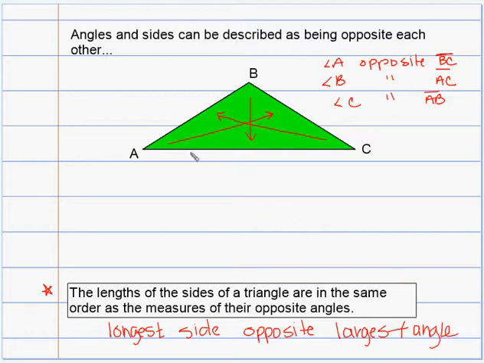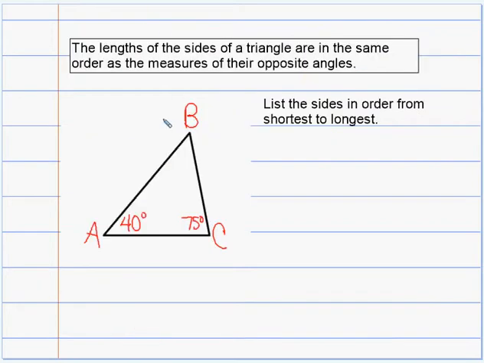Okay, so we don't ever want to just visually look at something without having angle measures, but this side AC looks to me like it might be the longest side, which then would mean that angle B is the largest angle. So let's use this fact to help us figure out the different side lengths.